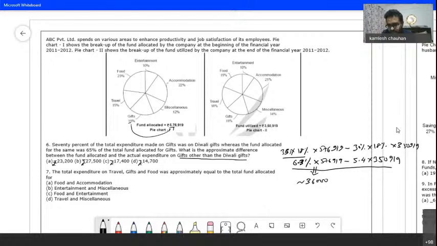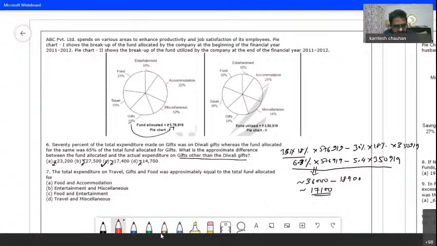This value will be close to 5.4 into 3, which is 162 and an additional 27.5, so 189,900 or a little more than that. So the answer will be close to 17,100. So I'll mark the option. The answer of question number 6 is C.